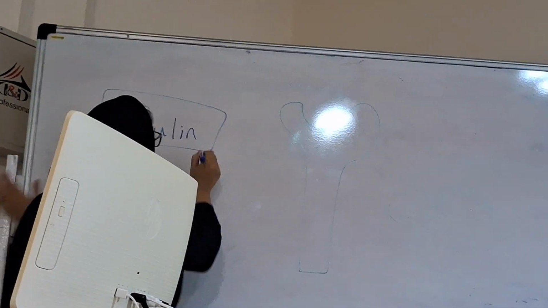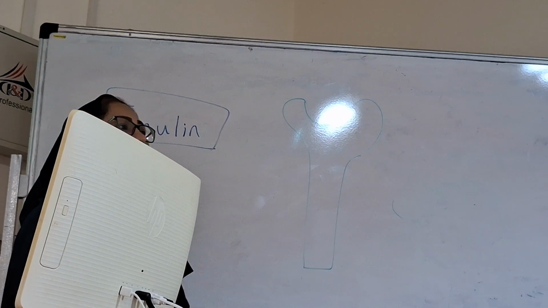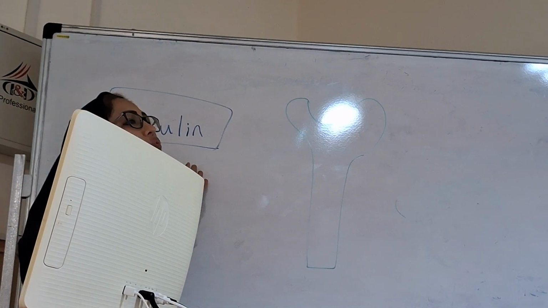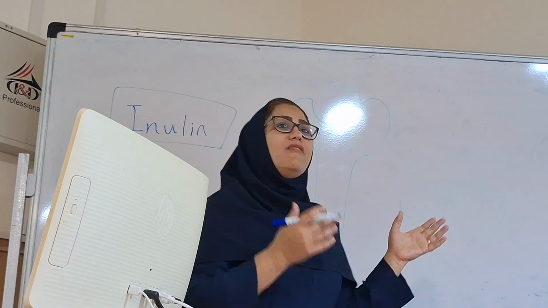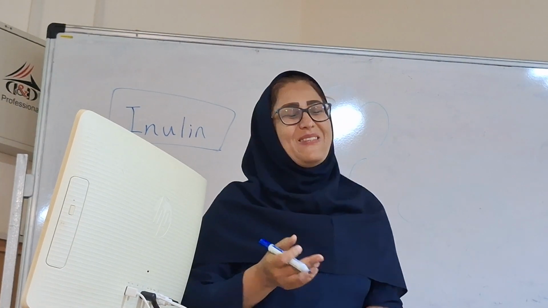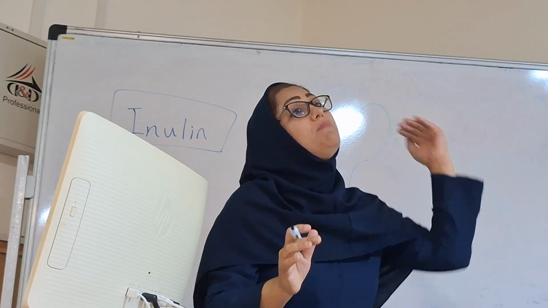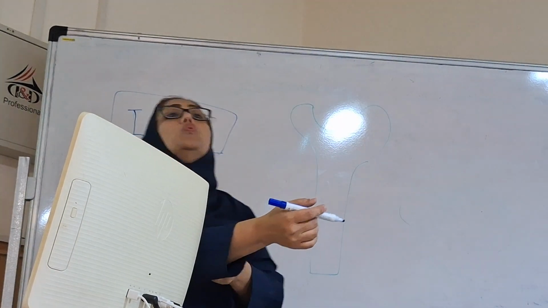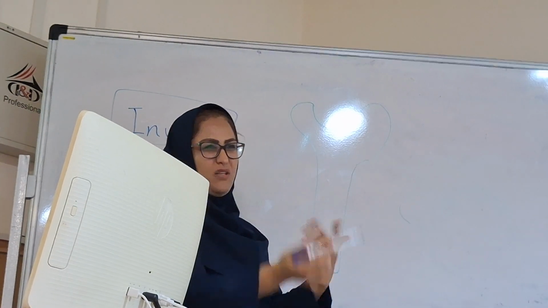As I told you yesterday, inulin is not made by the body, it is not produced in our body. Actually, it is from the roots of some plants. For calculation of clearance, a person must be hospitalized because this substance must be infused intravenously. Okay, it is very difficult.